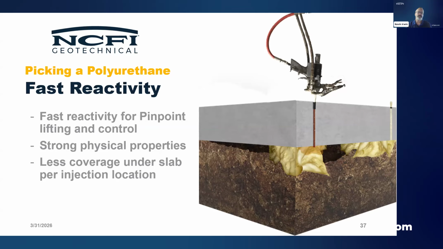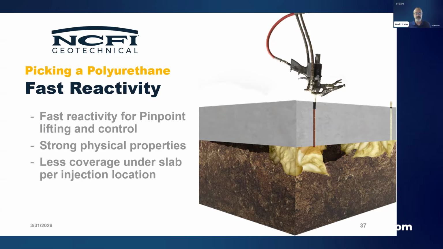As you use a faster reacting foam, that can make it a lot easier to lift. You get pinpoint control, right? The foam's not going to spread as much, which can be good if you're working on a narrow slab. Narrow slabs are some of the hardest things there are to lift with foam alone, because the foam is going to move some.